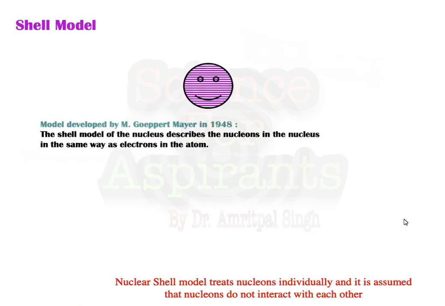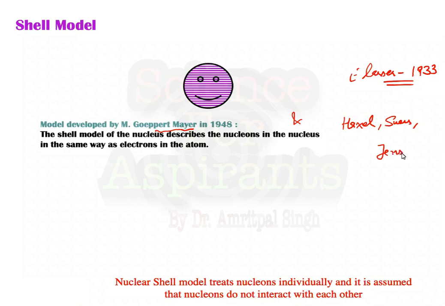This shell model was first explained by Elsasser in 1933. Later, this model was modified by Maria Goeppert Mayer in 1949, and by Haxel, Suess, and Jensen.